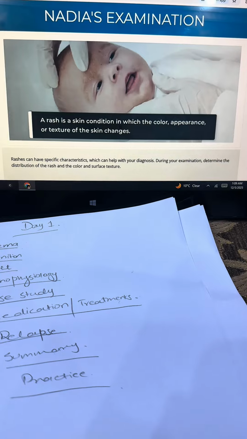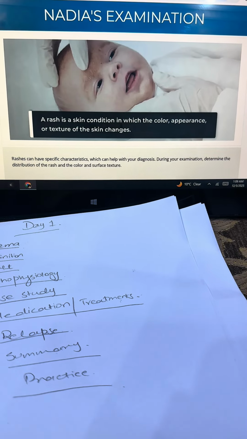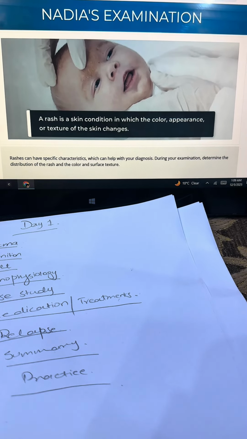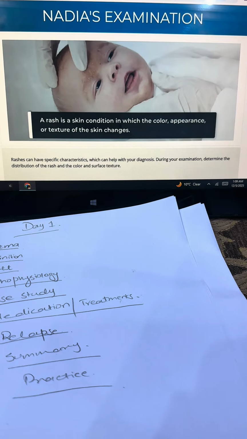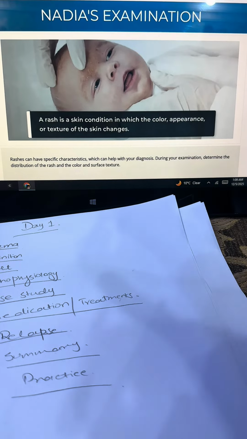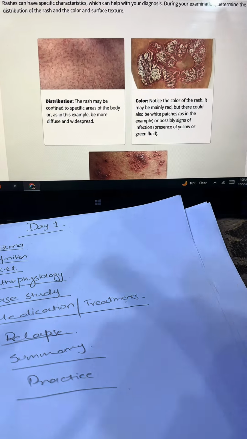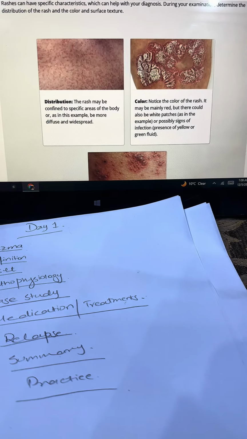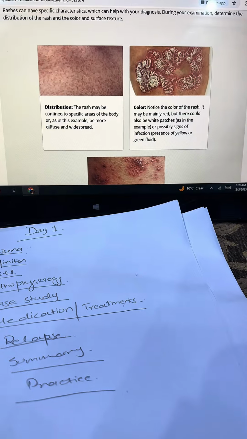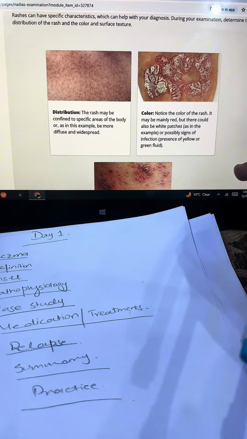Proceeding with Nadia's case, we finally reach Nadia's examination. A rash is a skin condition in which the color, appearance, and texture of the skin change. In examination we can determine the distribution of the rash, the color, and the surface texture.